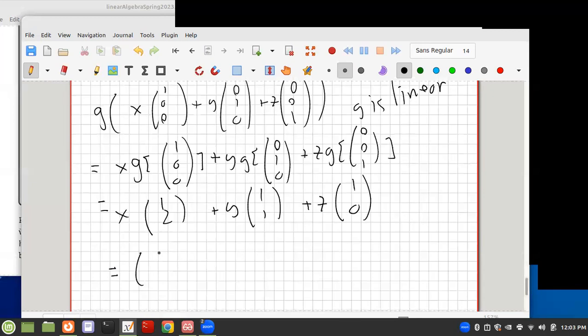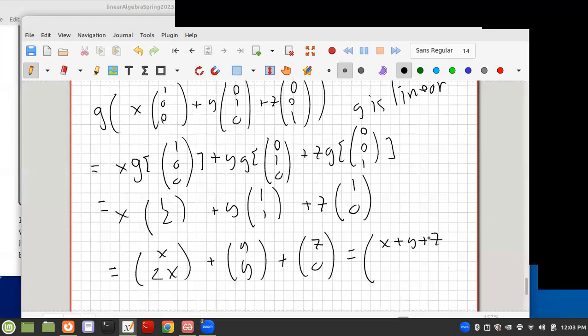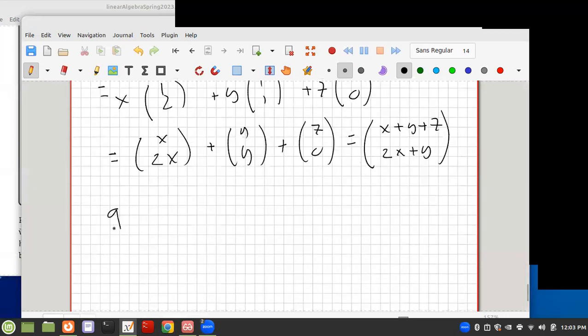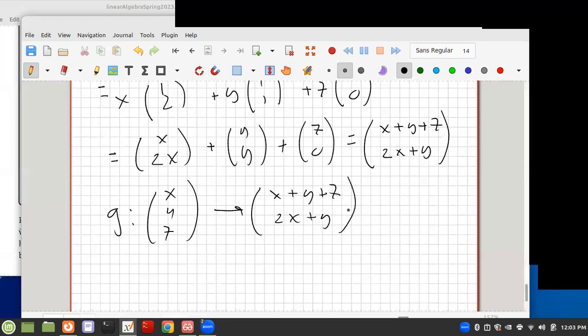This is going to equal (X, 2X) plus (Y, Y) plus (Z, 0), which equals (X plus Y plus Z, 2X plus Y). So here's the general formula. This same map takes X, Y, and Z to X plus Y plus Z, 2X plus Y. This is the general formula.